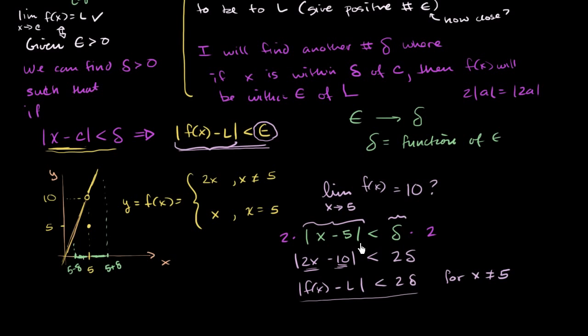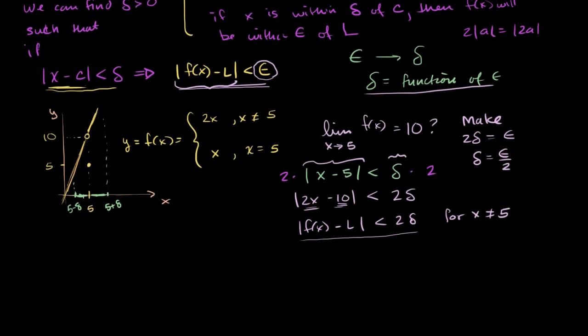Well, this is our chance. We will just define, and this is where we're defining delta as a function of epsilon, we're going to make 2 delta equal epsilon, or if you divide both sides by 2, we're going to make delta equal to epsilon over 2.